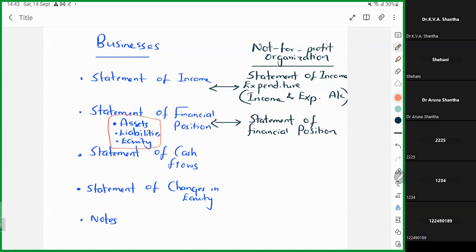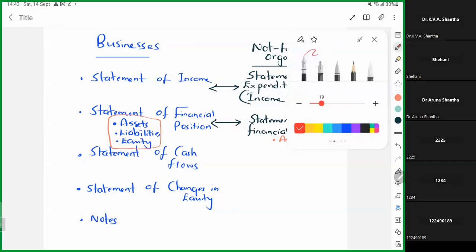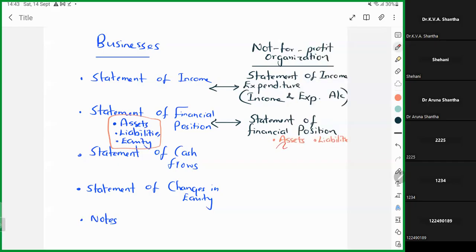But here you have assets, liabilities, not equity. We call it accumulated fund. Only the difference is the term. In businesses, we call it equity. But here we don't use the term equity.